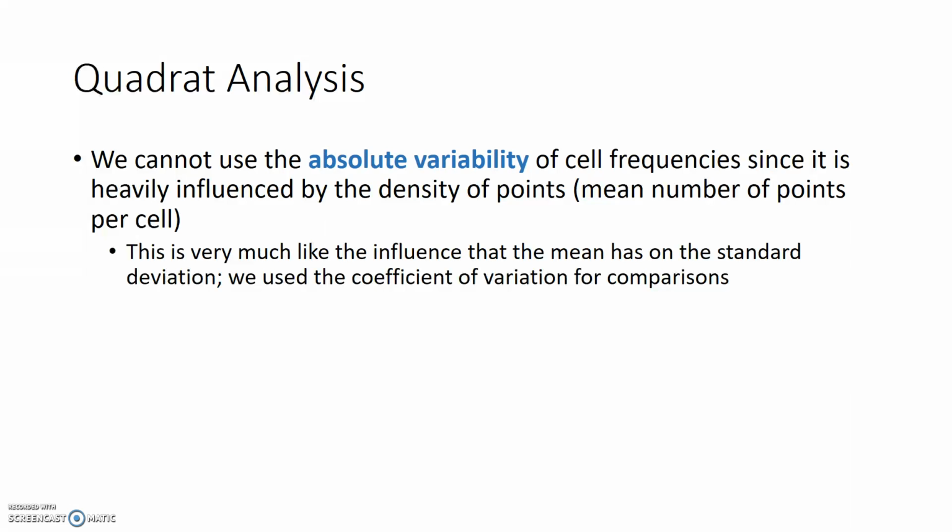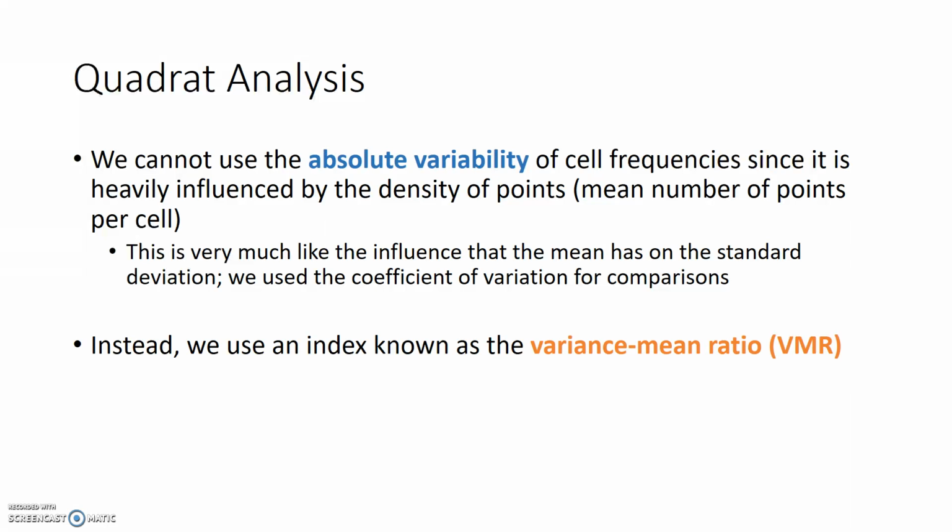Just like where we had a coefficient of variation when we wanted to compare between areas, here we have an index that's known as the variance mean ratio, or the VMR. This variance mean ratio is playing the same role that the coefficient of variation played when we were dealing with means and standard deviations. The VMR will allow us to compare between different areas.